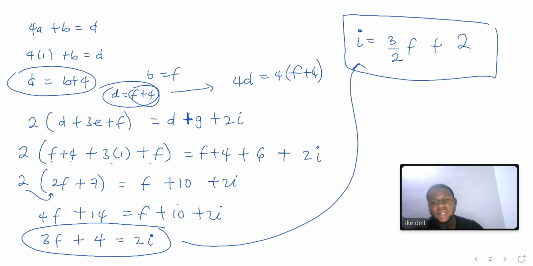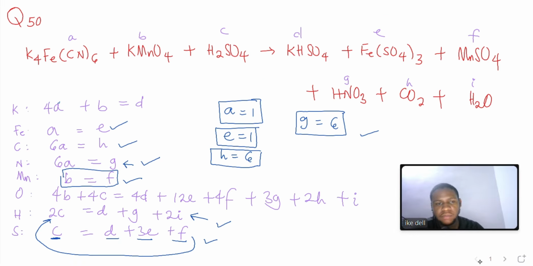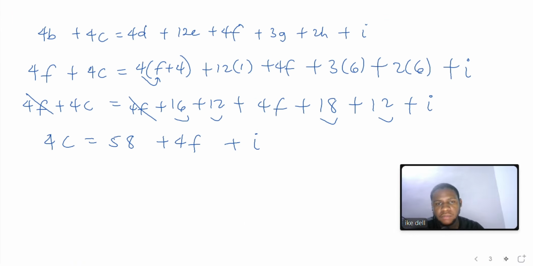Maybe we'll bring that in there. So that's 3 over 2 f plus 2 plus 4f plus 58 is equal to 4c.